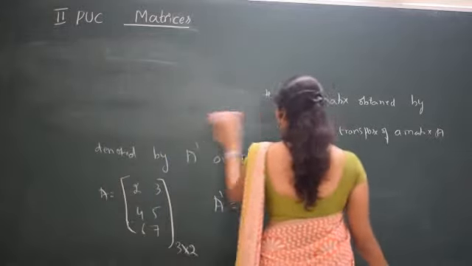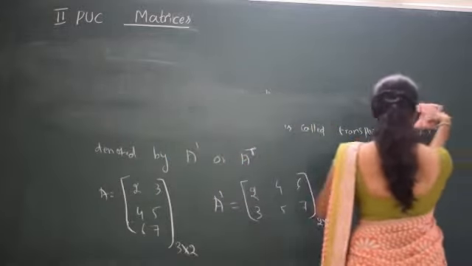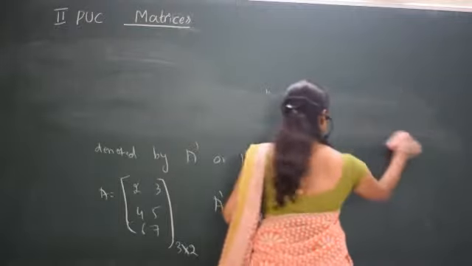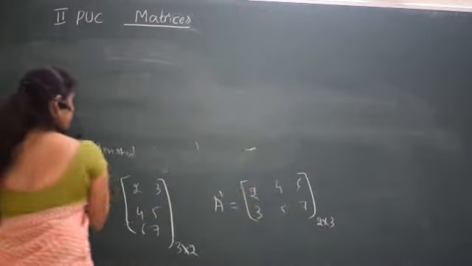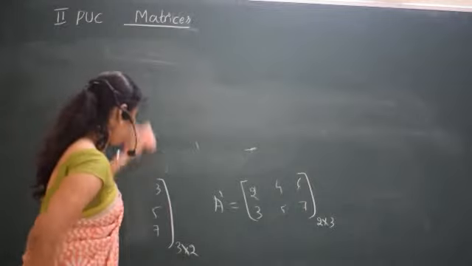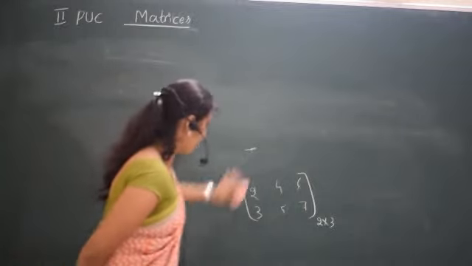So which are the properties of the transpose of a matrix? If I take the transpose of A, and again take the transpose, what matrix do we get? That is the given matrix itself.